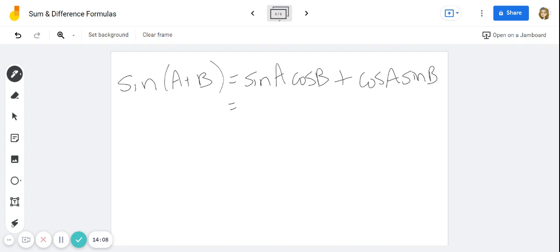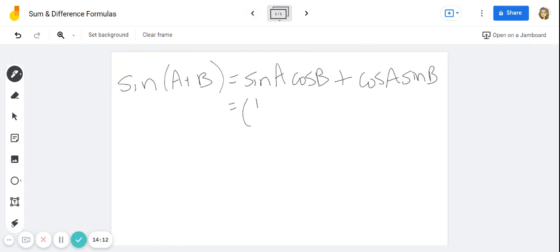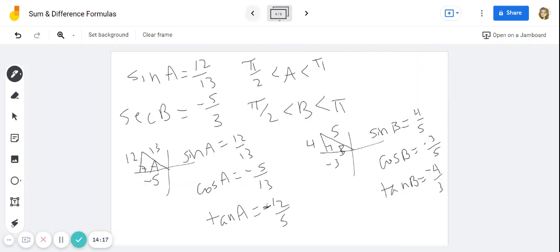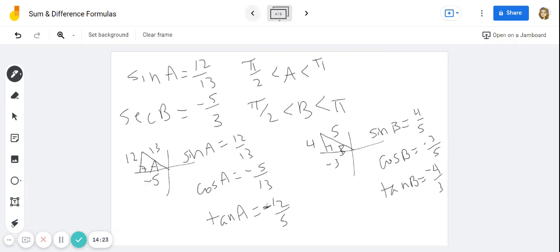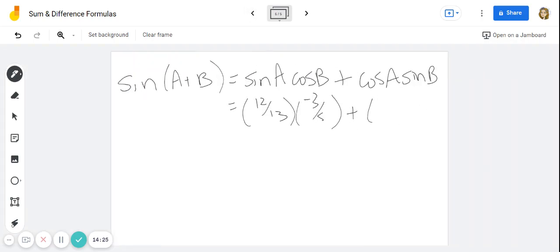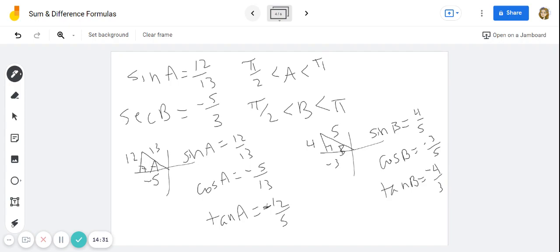Sine of A was 12 over 13. Cosine of B was negative 3 over 5. Plus cosine A, negative 5 over 13. And sine of B was 4 over 5.